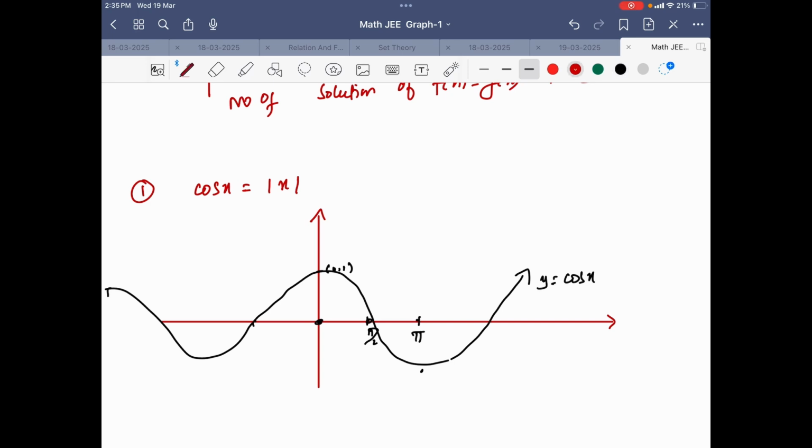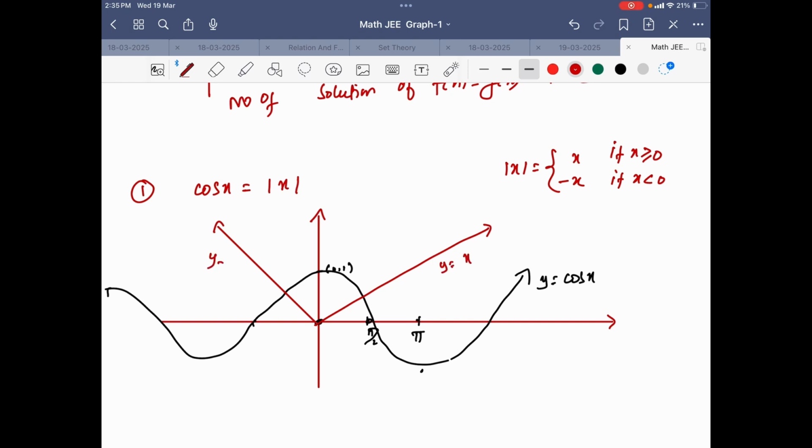But you need to draw the mod x curve. You know mod x is defined as x if x is greater than or equal to 0, and minus x if x is less than 0. So you can draw the graph like this: y is equal to x, and y is equal to minus x.